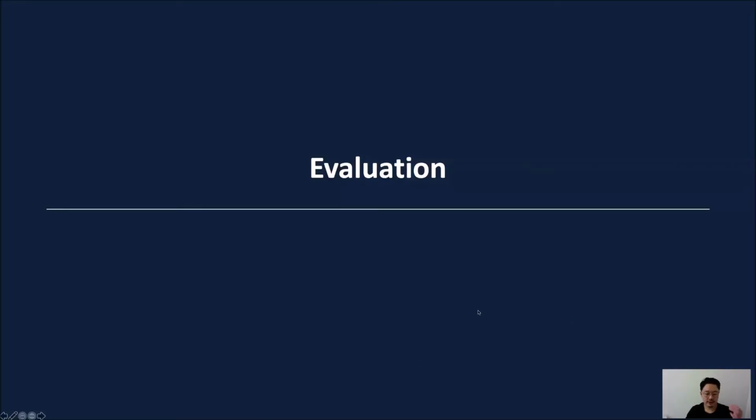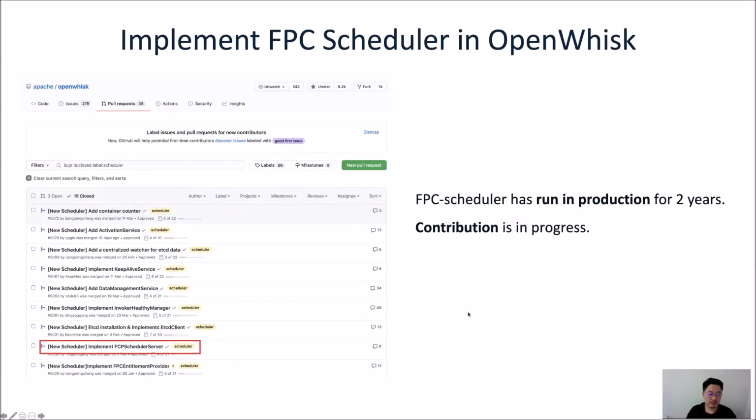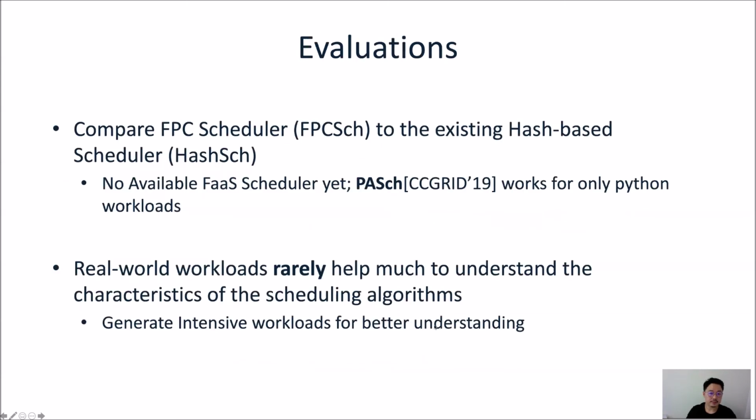Next one is evaluations. The implementation we used for evaluation has been running in production for 2 years, and we are contributing back to the open source. In evaluations, we compare the FPC scheduler with the hash-based scheduler. This is because there is no other available scheduler for FaaS platforms.